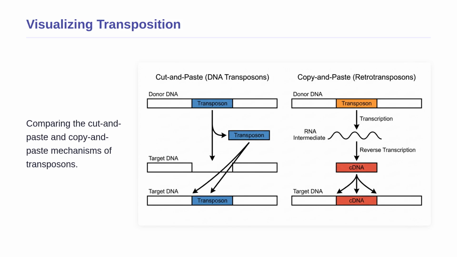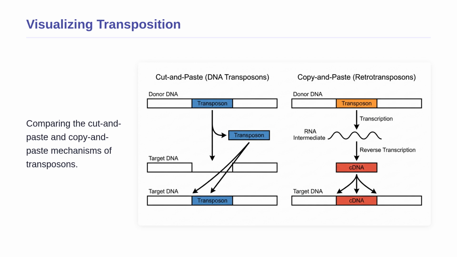Let us visualize these two mechanisms side by side to make the difference crystal clear. On the left side of this diagram, you see the cut and paste mechanism used by DNA transposons. Notice how the blue transposon is completely removed from the donor DNA, leaving a visible gap before it integrates into the target DNA.